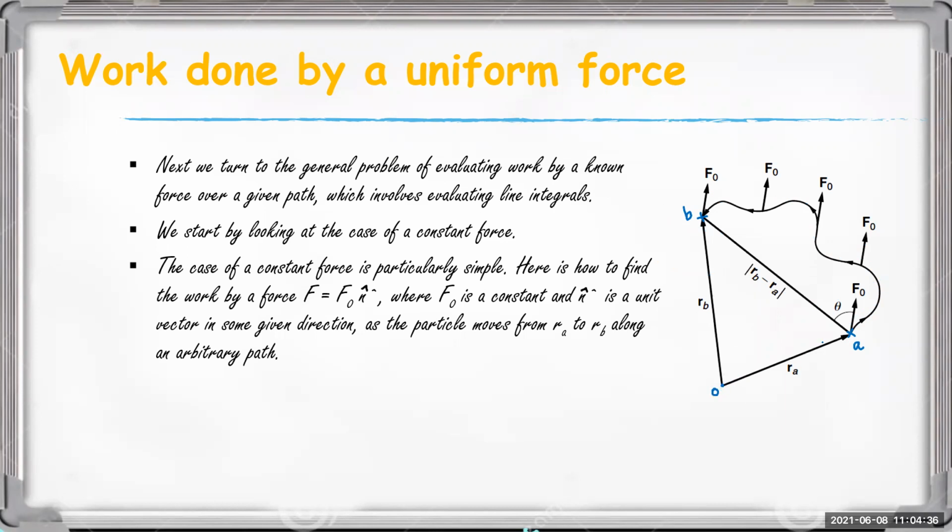Then the position vector to the point A is taken as RA, and the position vector to the point B is taken as RB. Actually, the particle moves from this RA to RB. To find the work done, here we choose some arbitrary path. That is given in the figure.